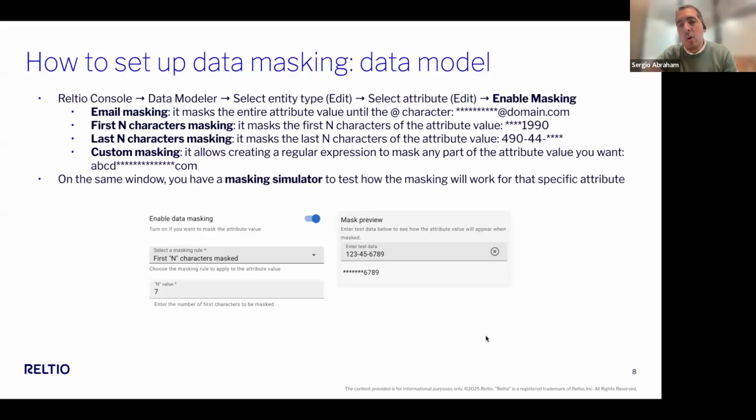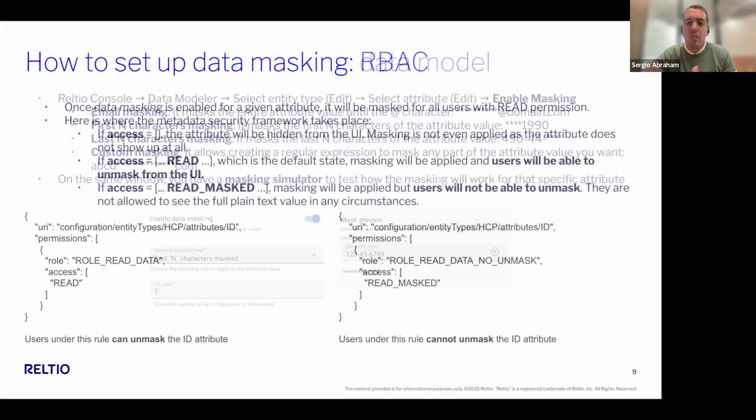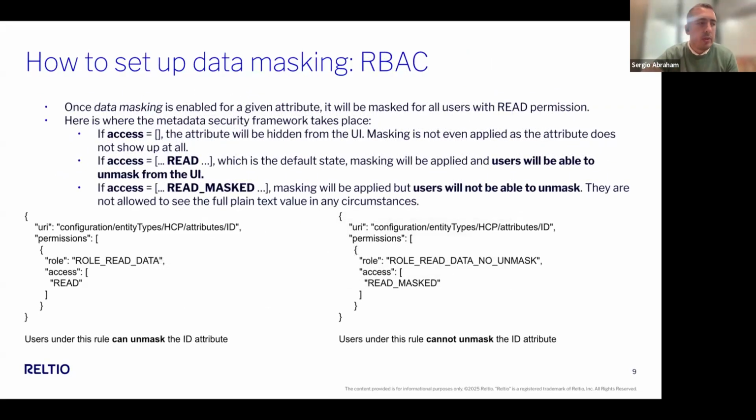Now the next step is who will be able to unmask. So here's where we go into the backward compatibility scenarios. Today in metadata security, you define basically which entity attributes you want to protect, which role will access that attribute, and what actions are possible. On the left, you have a very simple scenario where users with role read data can read IDs.